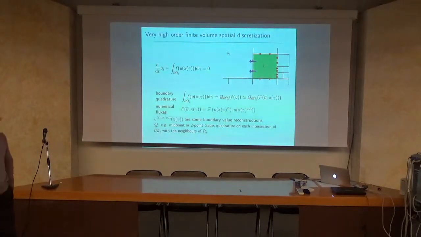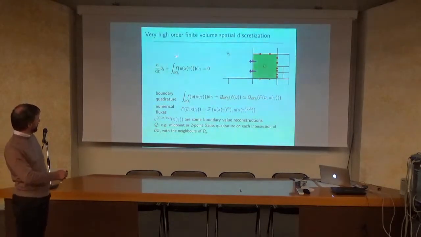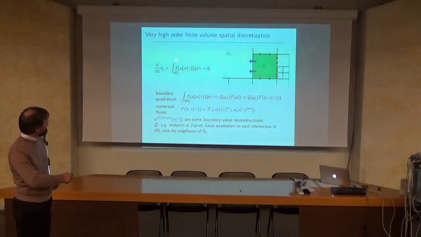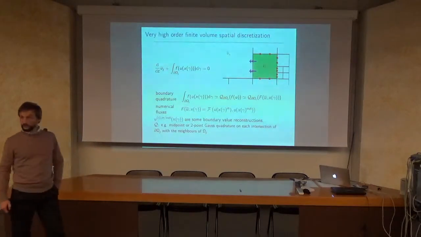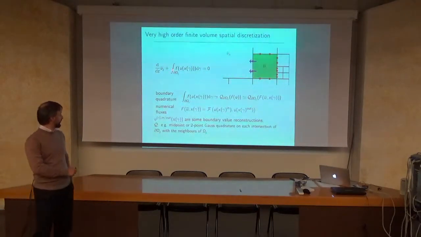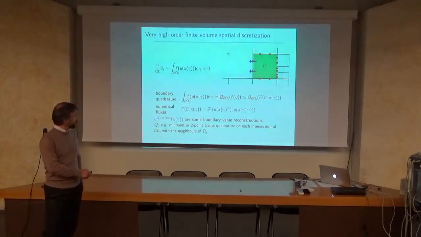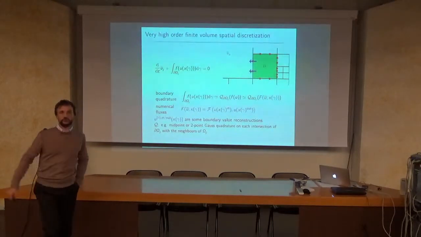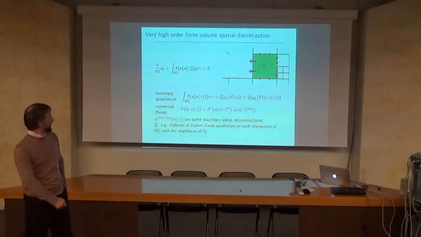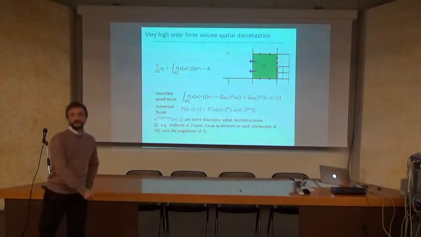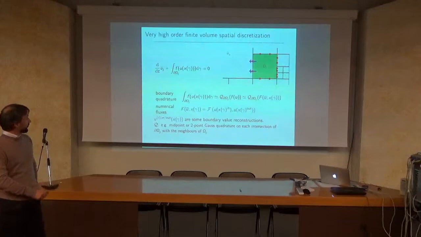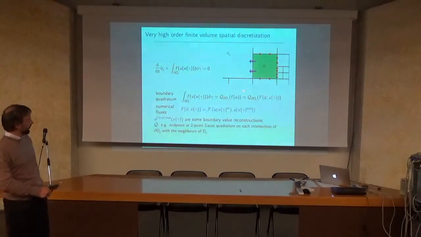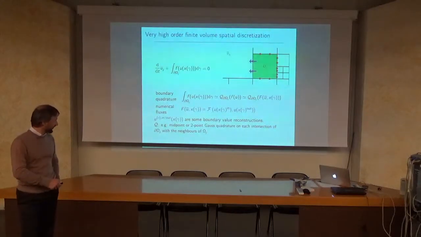When we compute finite volumes, the first task is to approximate this boundary integral of the flux, and that of course is done through some quadrature. So we set up some quadrature rule on the boundary. The red dots represent quadrature nodes, and at every quadrature node we must compute the flux, but of course we cannot compute the exact flux.